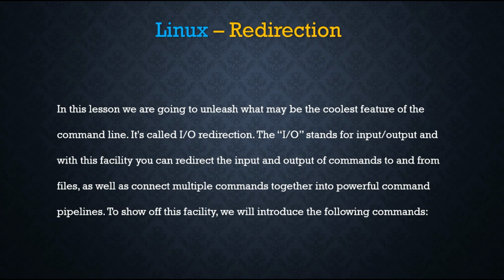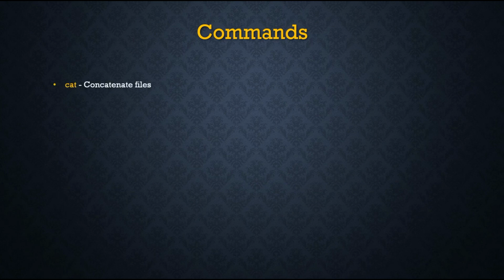To show this facility, we are going to introduce some new commands, and those commands are as follows. For example, cat that concatenates the files, and then sort, it sorts the lines of the text.